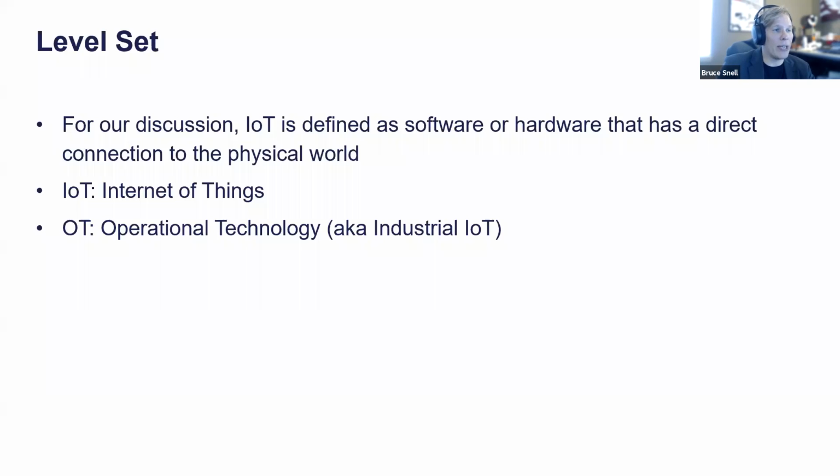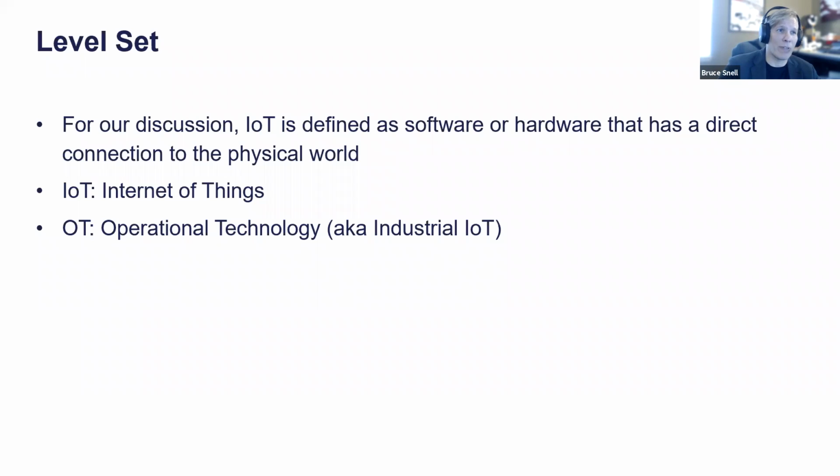So we'll start again. IoT stands for Internet of Things. It's traditionally thought of as stuff in the home, but IoT also includes things like connected cars and connected industrial equipment. The other aspect is operational technology, or OT.